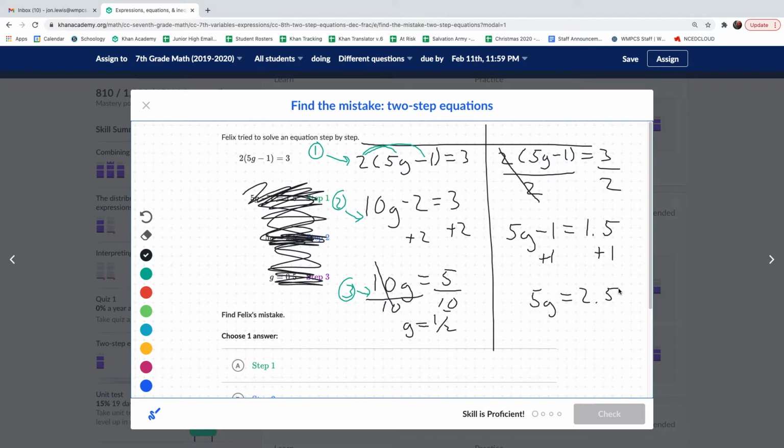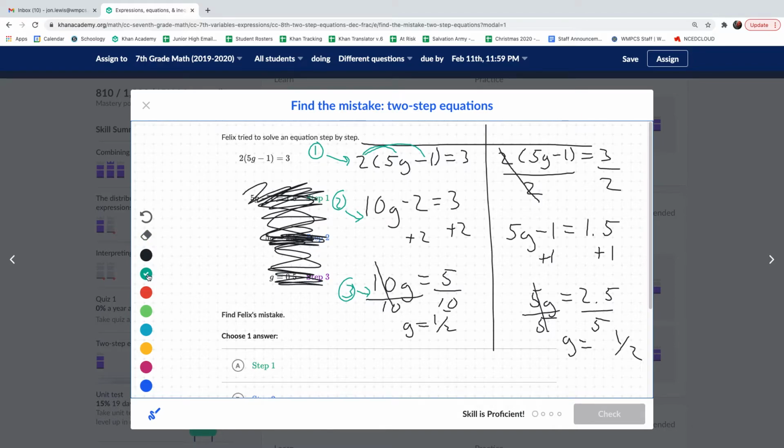Now I can do my last step and divide by 5 on both sides, and I get that g is equal to 2.5 over 5. If I use my calculator to simplify this, I can change it into a simplified fraction, and that number would be 1/2.